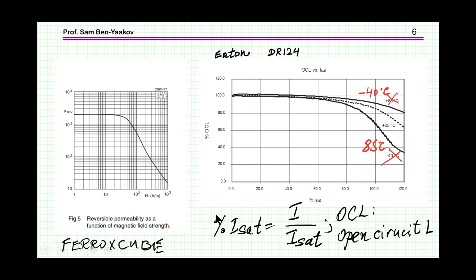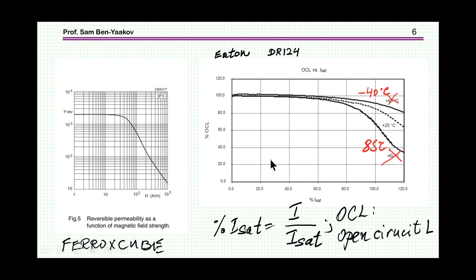Now, vendors are giving this information, and for example, Ferroxcube is giving information about the core. This is a 3F3 material, and we see the mu, how it is changing, and of course, if you build an inductor around this material, this is the way the inductance will change, because the inductance is proportional to the mu.